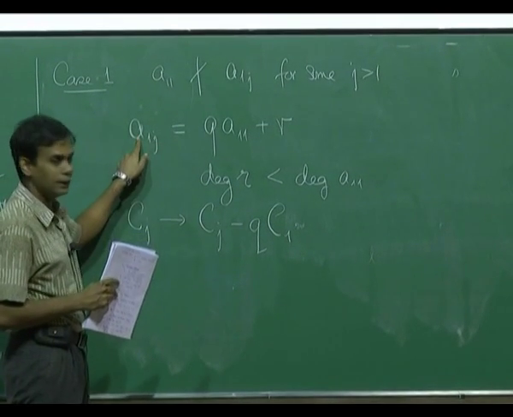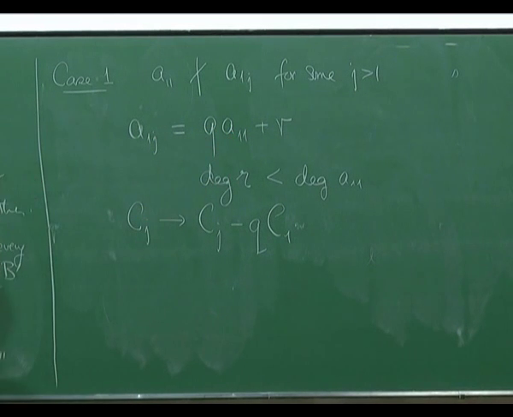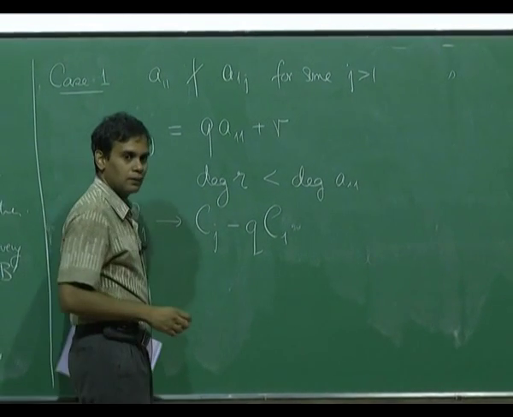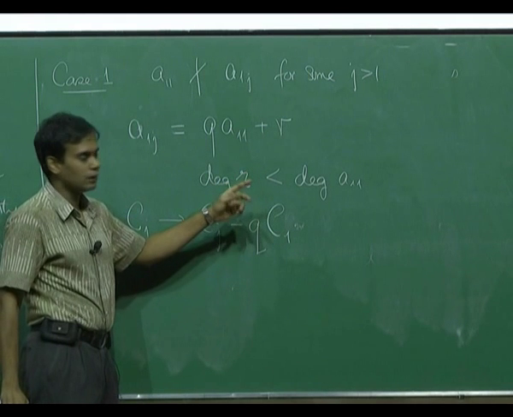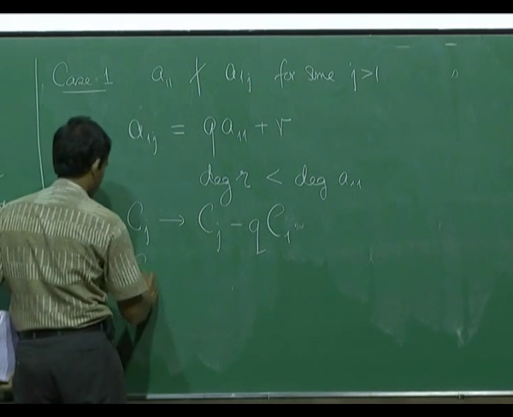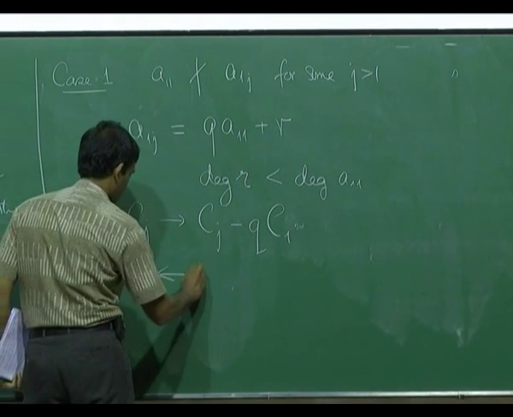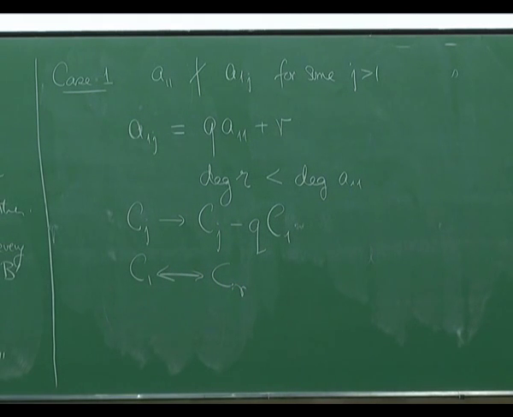I'll get this thing minus q times this thing, because this is the first column entry. Right? I'm taking this column and subtracting from it q times this column. So what will I get? This will become r, and this r has small degree. Now the next step is I can interchange the first column and the jth column. And then I end up with this case, which is of type C here.